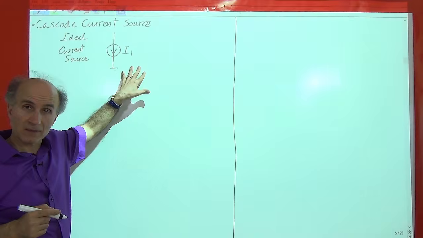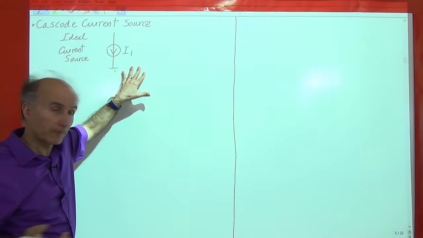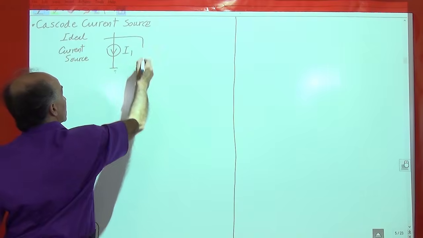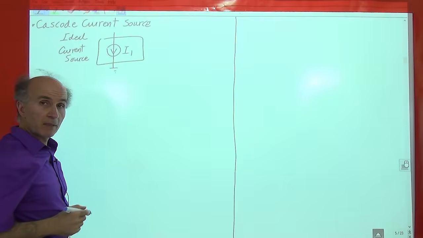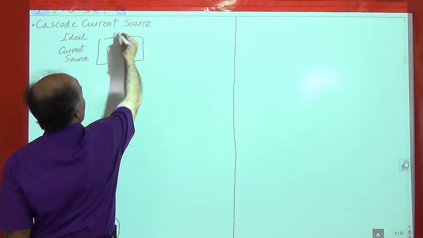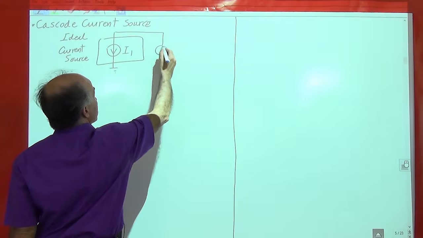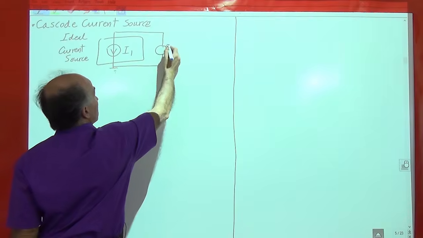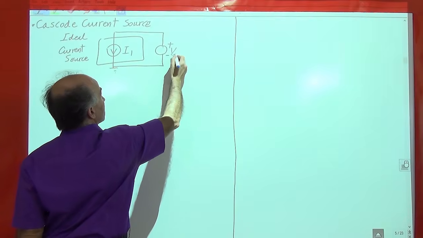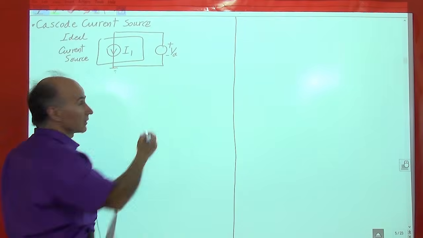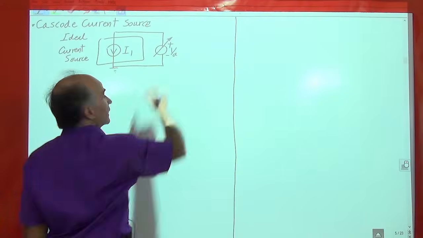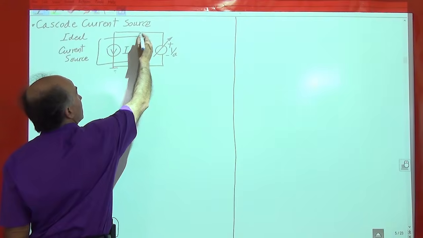So how would I test this to see if it's a current source or not? Well, I put it in a box. So here's a two-terminal device in a box, and I apply a voltage from outside to this box. Let's call that VA. It's a variable voltage, so just a battery, but variable. And I measure this current, IA.